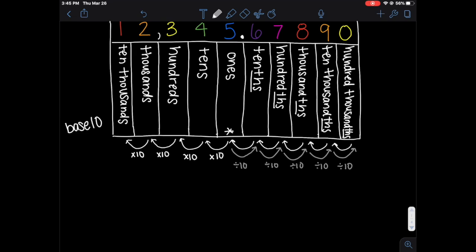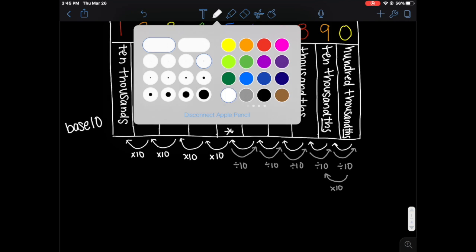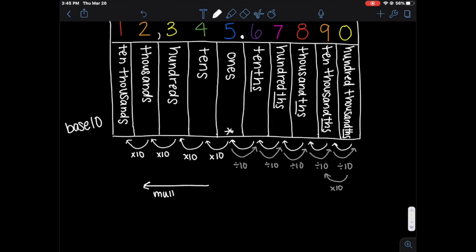But of course, if I want to move from the thousandths to the 10,000ths, that would be multiplying by 10. So it depends. If you're moving to the left, you're multiplying. If you're moving to the right, you're dividing. When you move to the left, you're getting larger. And when you move to the right, you're getting smaller.